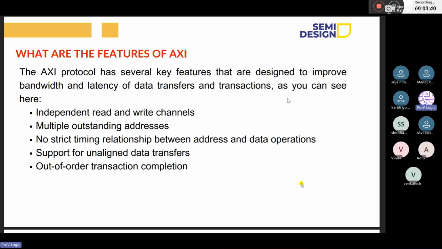In APB and AHB, we don't have channels, just signals. In APB, there is a write signal: if write is high, it is a write operation; if write is low, it is a read operation.